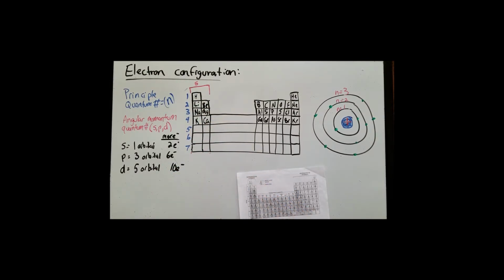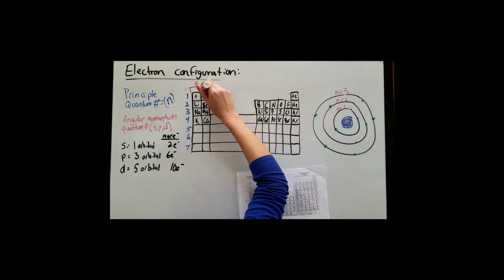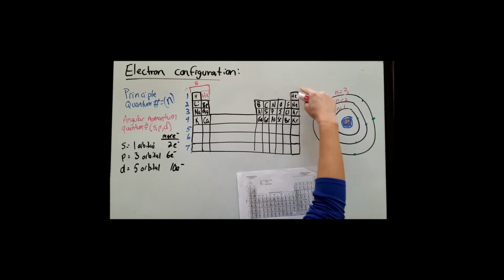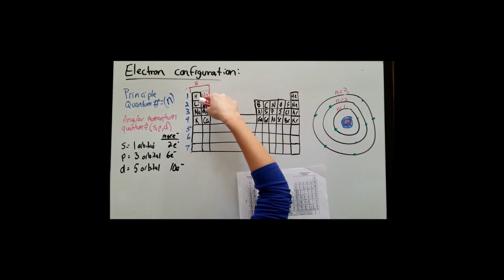Now, helium actually belongs over here in the S block, right next to hydrogen. The reason helium is over here is because it's a noble gas, just like all the other elements in that column. But for purposes of the angular momentum quantum number, it belongs in the S block, so that's why I put it there.